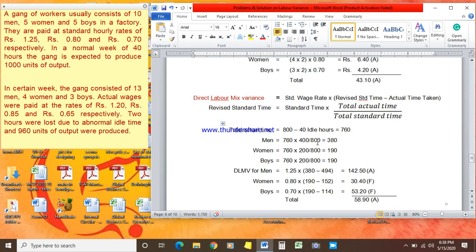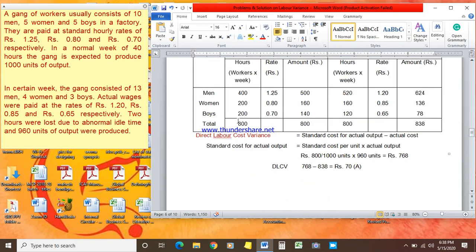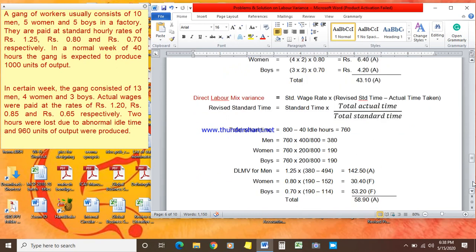The standard was 800, so 760 divided by 800 multiplied with the standard time given for each category, that is 400, 200, 200, which is mentioned, that I am supposed to write up here. So 760, the total actual time they have spent, divided by total standard time 800, multiplied with the standard time of each category of employees, comes to 380, 190 and 190.